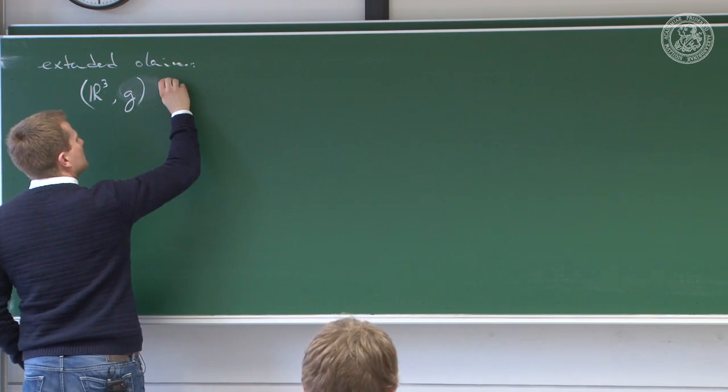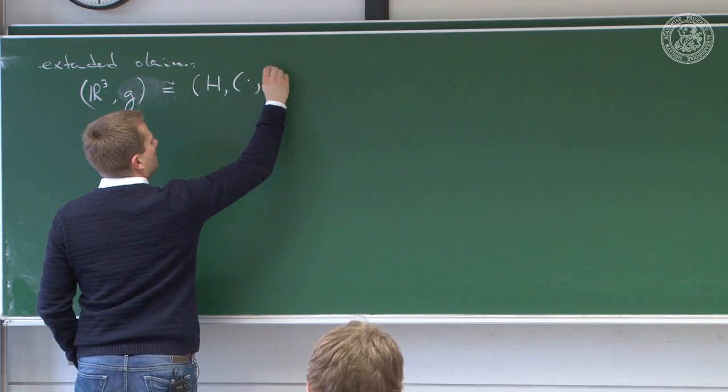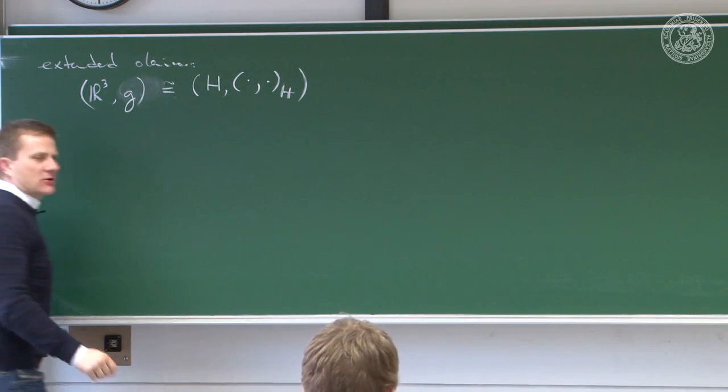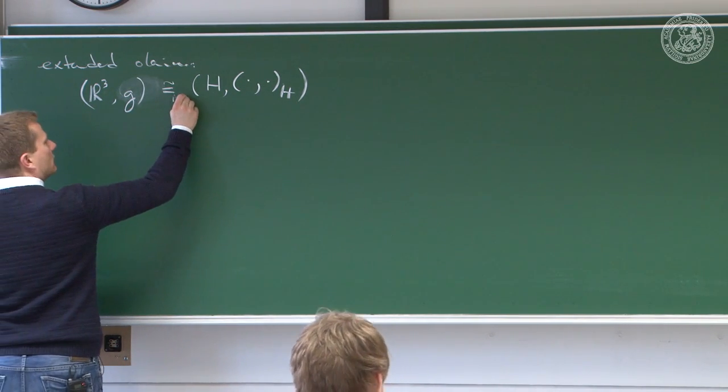I claimed that this as vector spaces has the same structure as H with an appropriately defined inner product on there. What does that mean as inner product spaces?